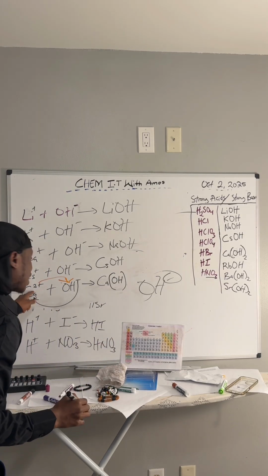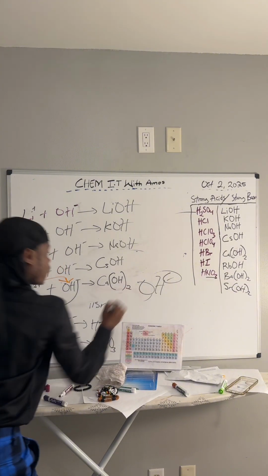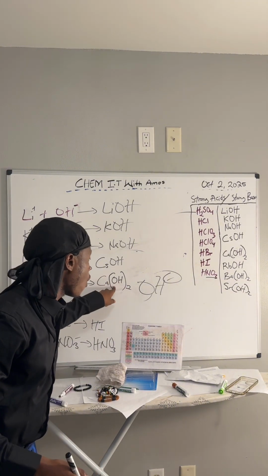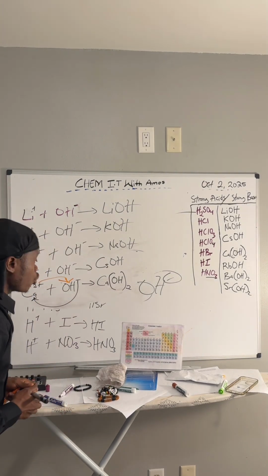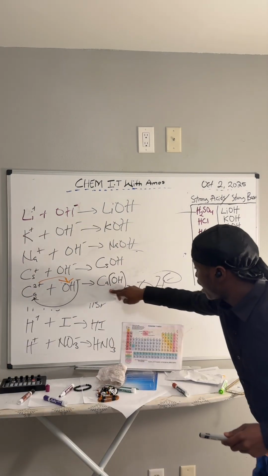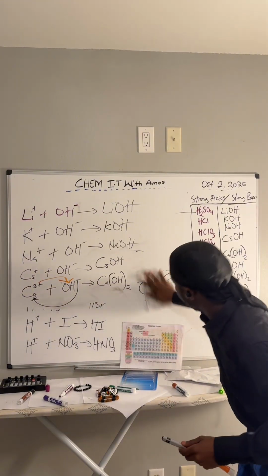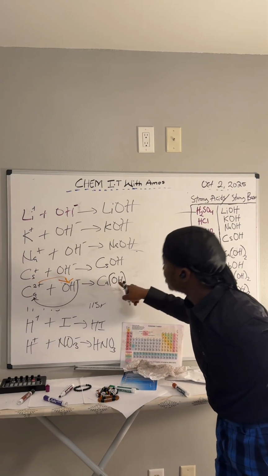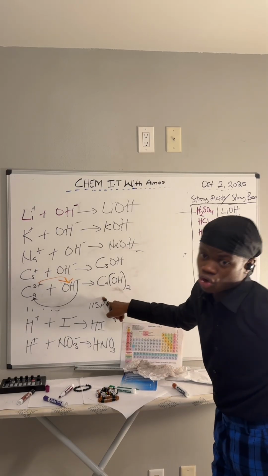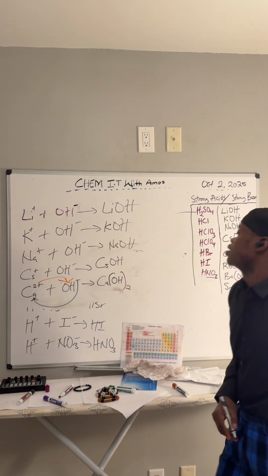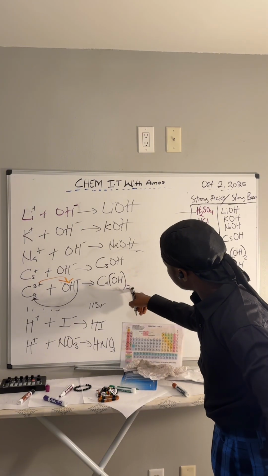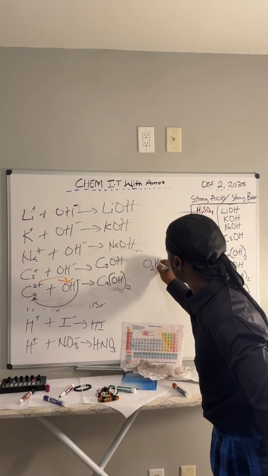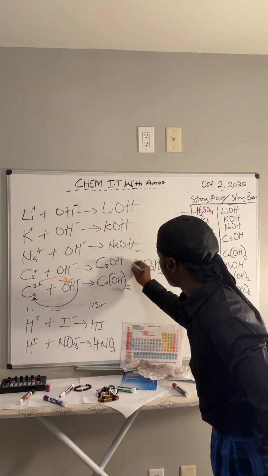Then the 2 here belongs to both O and H. In other words, you can expand this compound. If you do this, the 2 means for both this and this. It's not for this one outside. It's for both this and this. So 2 times O will be O2, and 2 times H will be H2. Right? Then you have to check it.